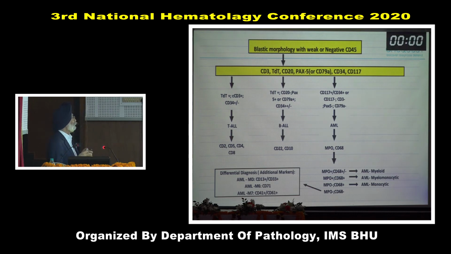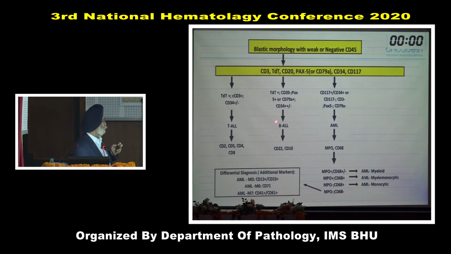So to summarize, what we find is, the first thing is to characterize that the cells are blast cells by TdT, CD3, CD34, PAX5, CD79A.